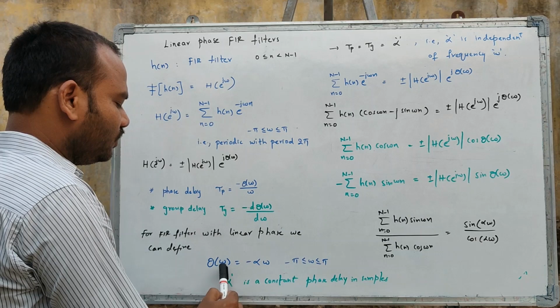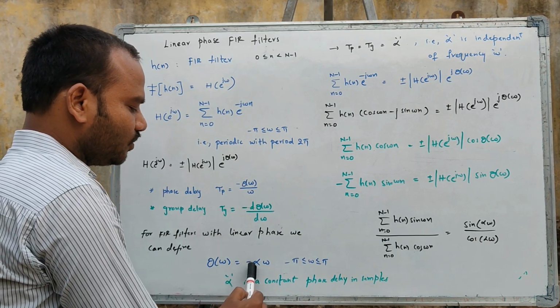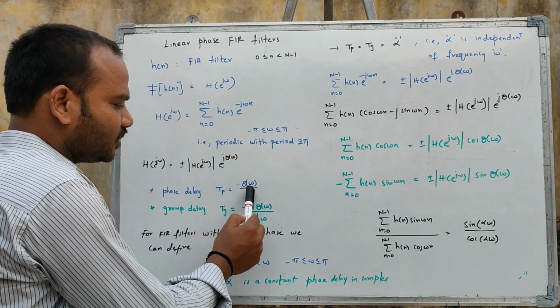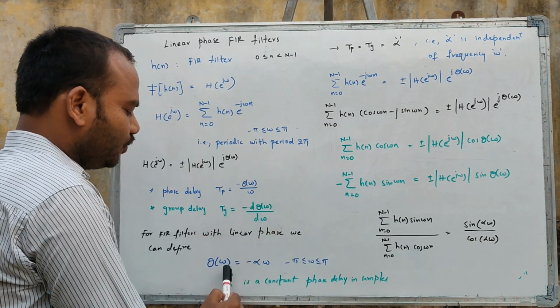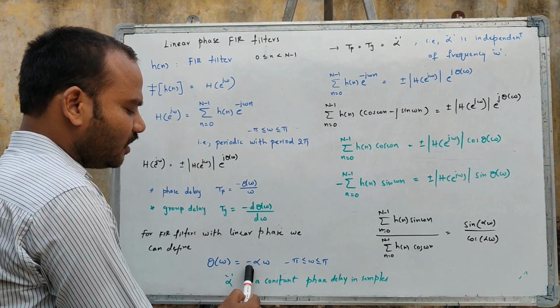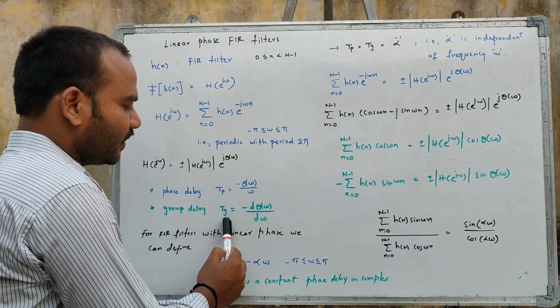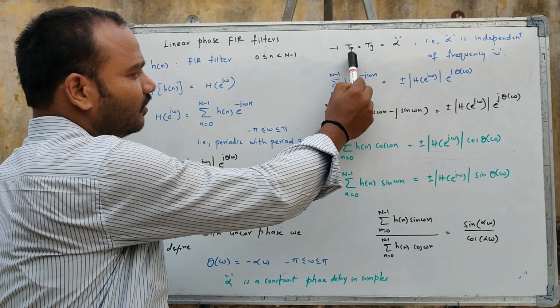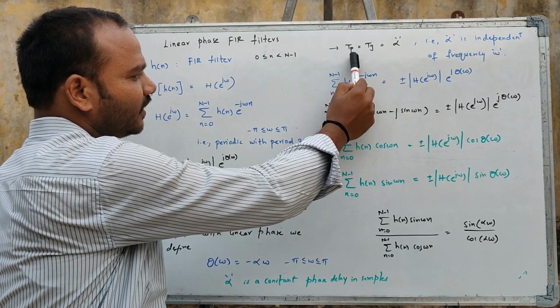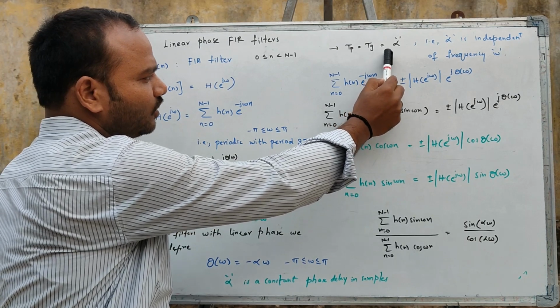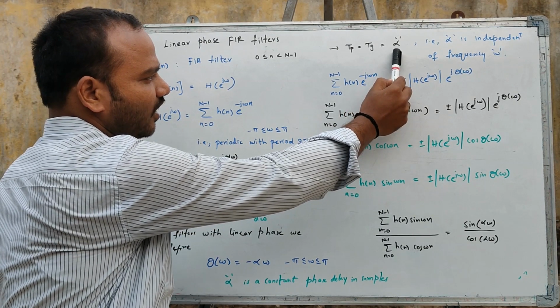If you use theta of omega equal to minus alpha omega in this equation and solve for tau p, and use theta of omega equal to minus alpha omega in this equation and solve for tau g, you will find that phase delay tau p is exactly equal to group delay tau g, which is a constant, that is alpha.